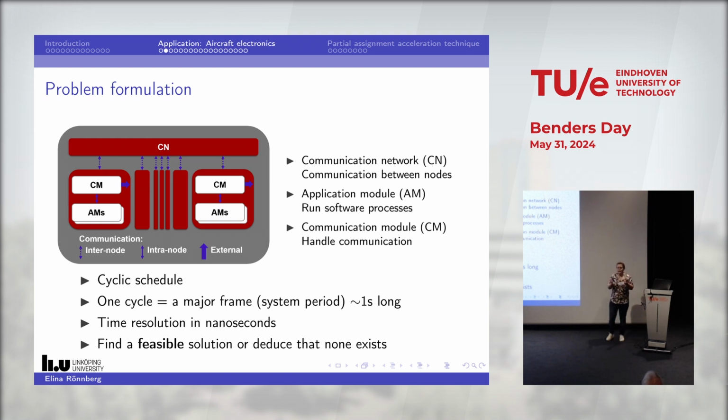So we really need to be careful and say, okay, now we have a feasible solution, everyone's happy. But if we cannot find a feasible solution, we need to also provide a proof of that. Because if I tell this aircraft manufacturer that, sorry, you need to buy new hardware, that costs millions and millions and millions. So you don't want to do that unless it's necessary.